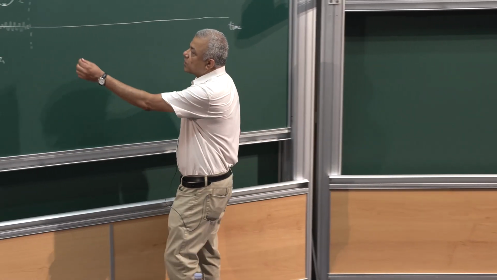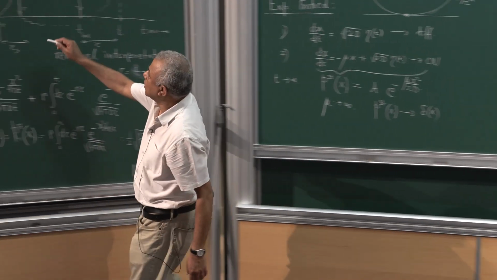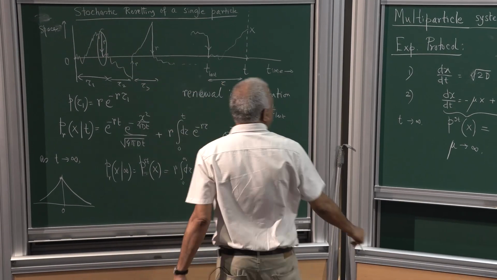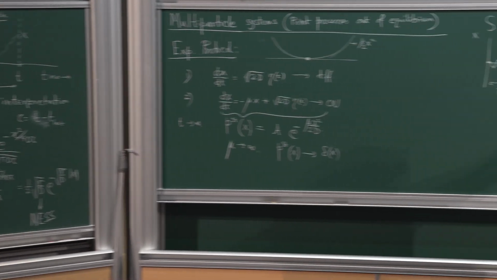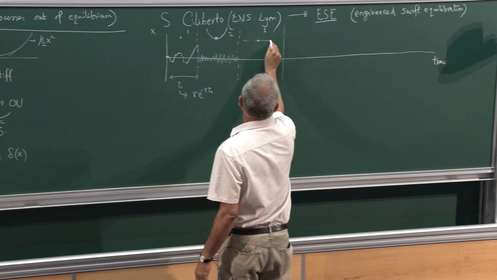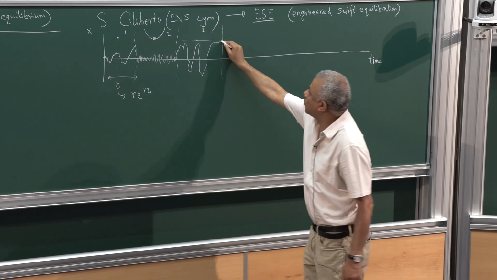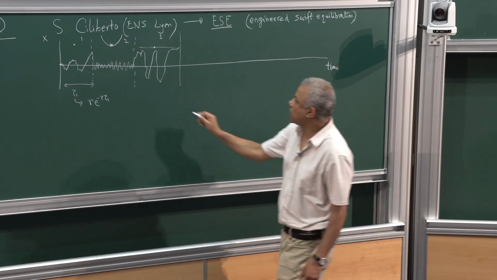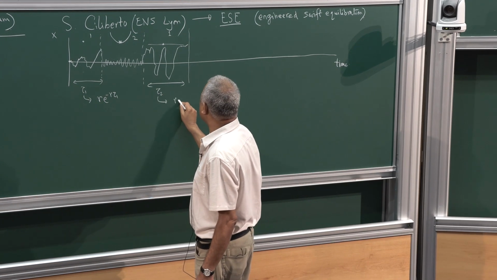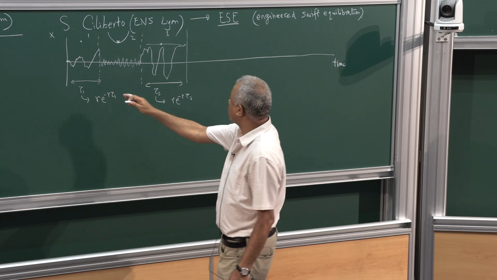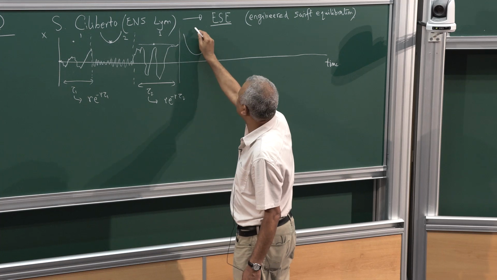Okay. So you let the system relax. So this phase here exactly mimics this resetting here. And then after that you switch off the trap. So you go back to phase 1 again, and the particle freely diffuses in space. So again, it's normal Brownian diffusion. And again, after some random time drawn from the same distribution independently of tau 1, you switch on the trap, and you go to phase 2.